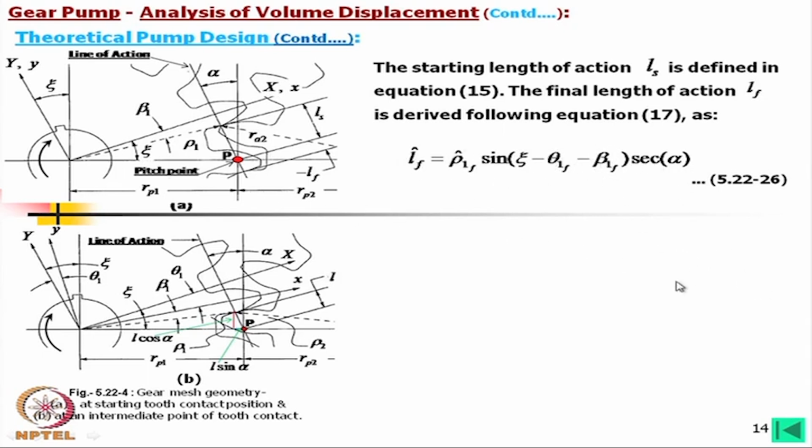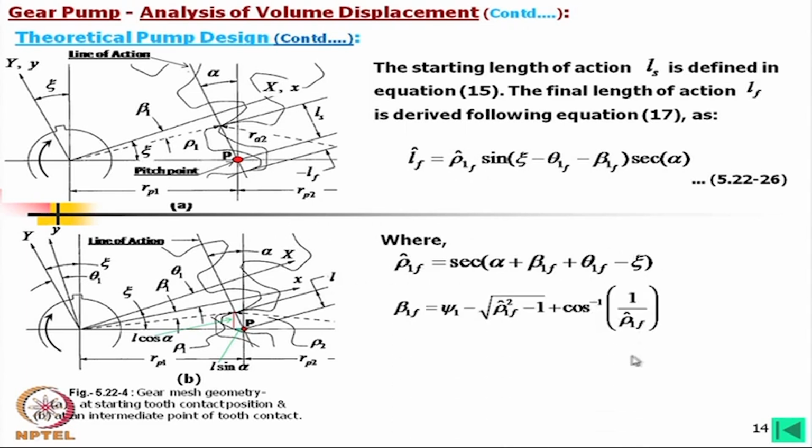We can calculate the final length of contact, meaning this one, where this expression for the final one is given by this one. As I told, theta 1 f is 2 pi by z 1, and psi 1 is pi by 2 z 1, that is the half tooth angle. Okay.